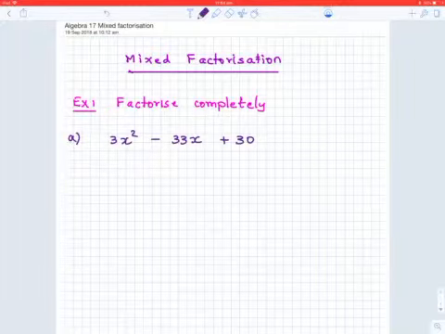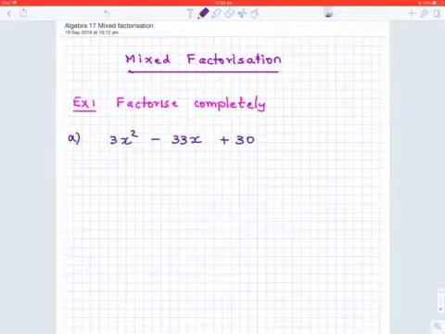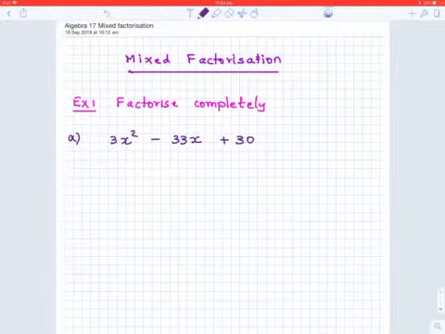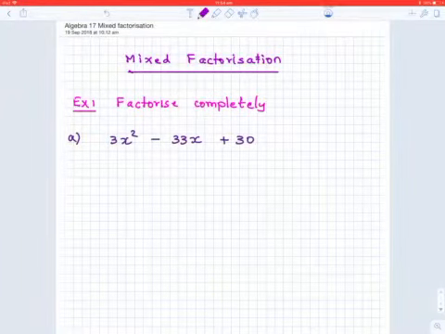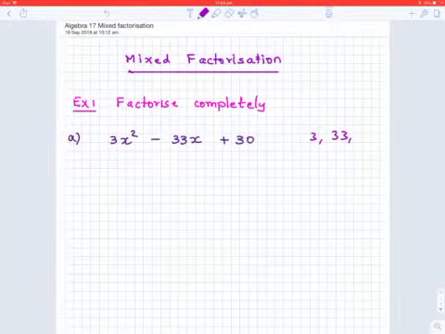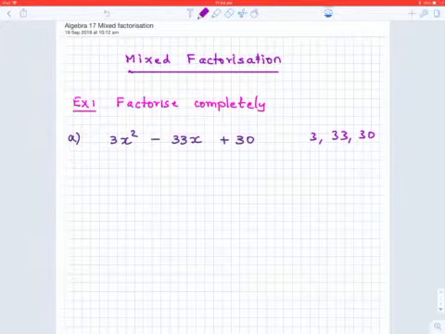Okay. So the first question I'm doing is factorize completely. See, when you see the word completely, it tells you it has more than one step involved in the question. When we look at the question here, the first coefficient is 3, the next coefficient is 33, the last coefficient is 30.